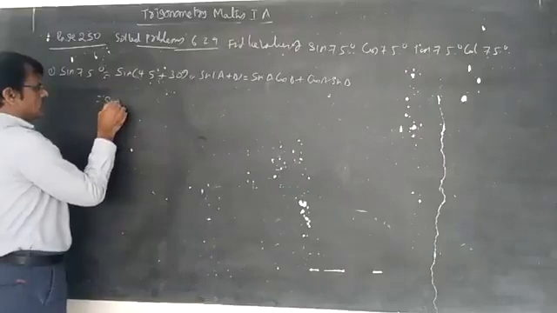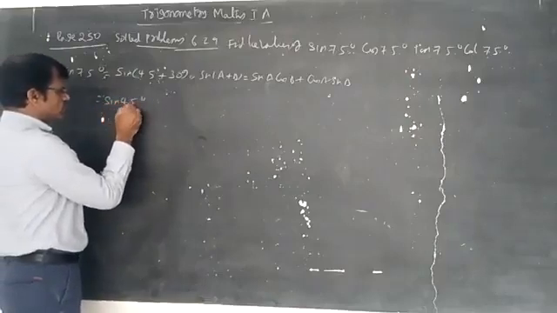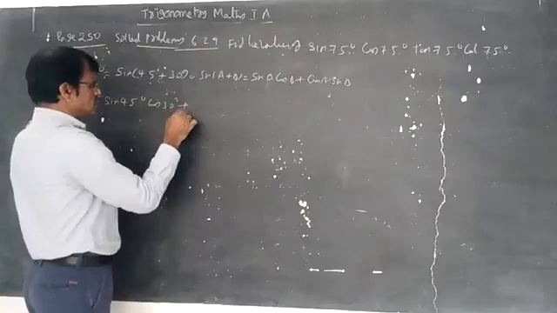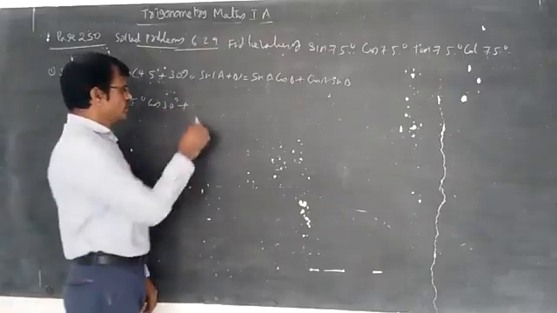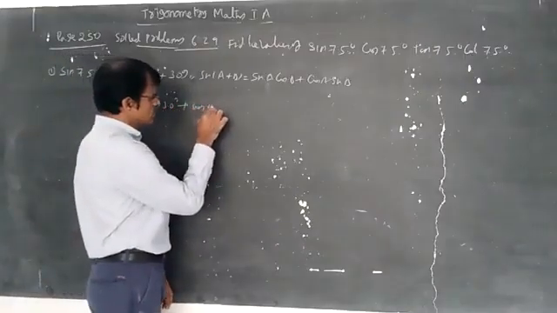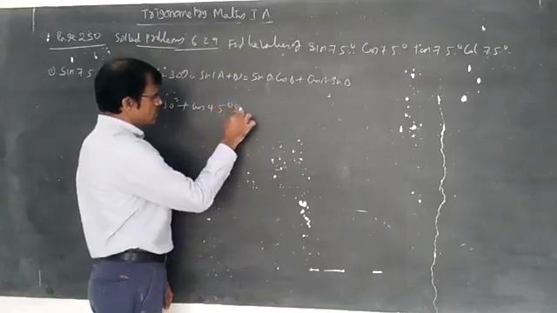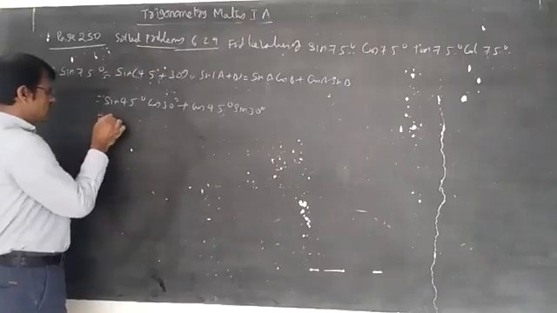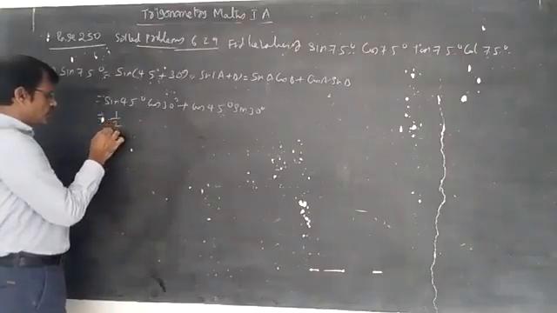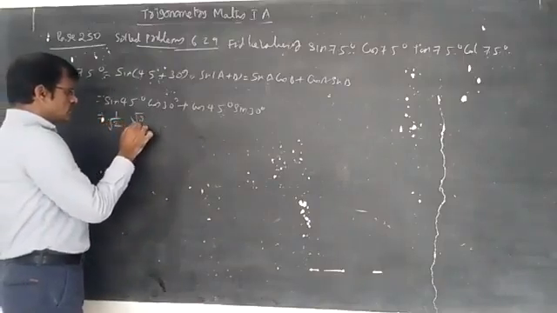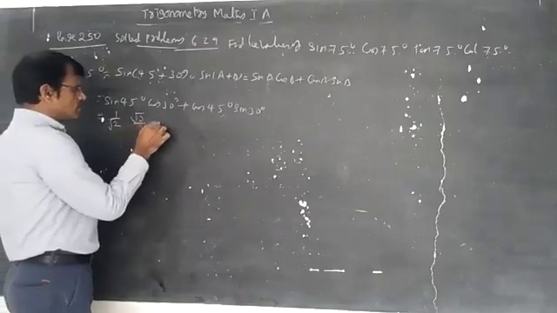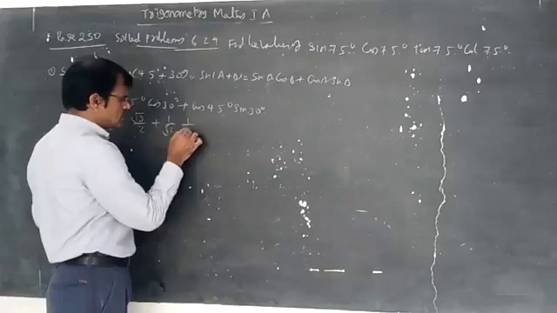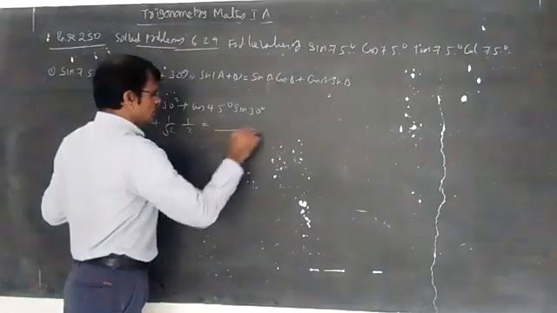That is equal to sin 45 degrees into cos 30 plus cos 45 into sin 30. Sin 45 value is 1 by root 2 and cos 30 value is root 3 by 2, plus cos 45 value 1 by root 2 and sin 30 value 1 by 2.